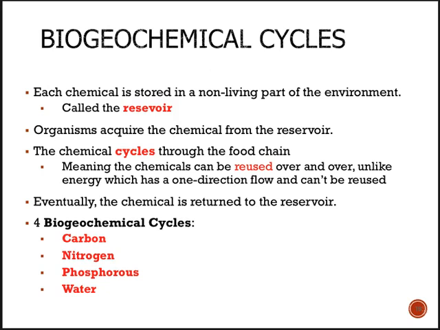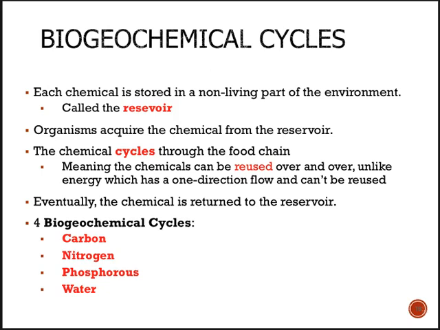So every single one we'll be talking about, especially the ones that your book brings up, are focusing on this concept of a reservoir. And then organisms are going to take that chemical out of the reservoir. So one of the things we'll focus on is what exactly specific organisms are doing that taking of the chemical out of the reservoir. Then we're going to talk about how the chemical cycles through the food chain.